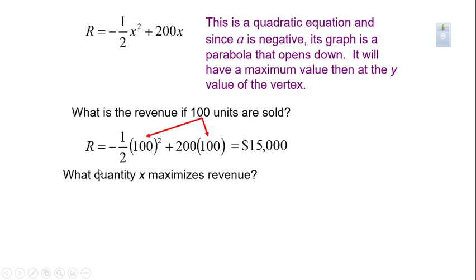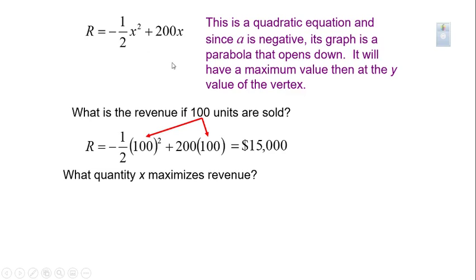So now the question is, what quantity x will maximize revenue? What they're asking is, what is the value of x that will give us the maximum value of R? Now, R is your y value and x is your input. So really what they're asking for is the vertex, because that's where the maximum value occurs.